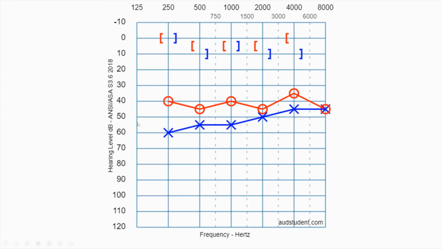Again, for pure tone average, we're going to add our 250, 500, and 1000 air conduction thresholds and then divide it by 3. So that's 60, 55, and 55 added together and then divided by 3, which is 53.3 repeating. So rounding that to 53, which places us again in our moderate degree of hearing loss.